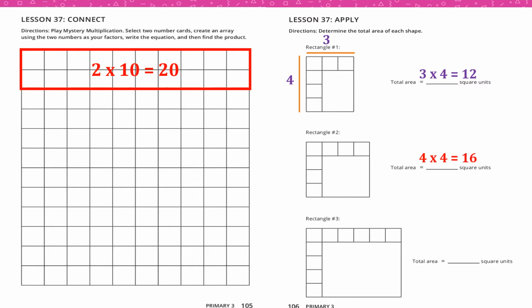And in vertical line 4. So 4 times 4 equals 16. 16 what? 16 square units. In rectangle 3, we have 6 times 5, 6 squares in the horizontal line, and 5 squares in vertical line. All of them equals 30 square units.